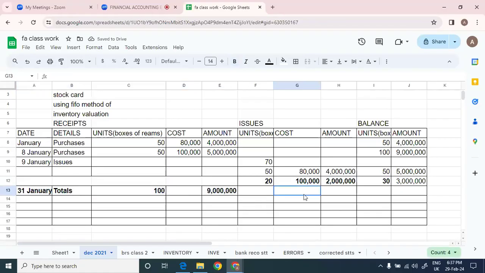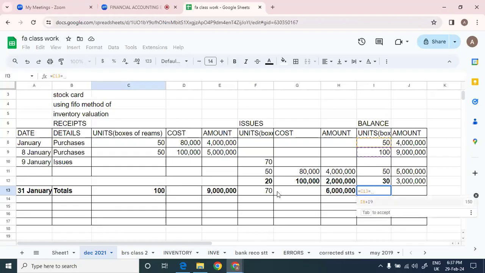It's supposed to be down. Then still we come to issues. Our issues, we already know it is 70. We come to the total issues, it is this plus this. We issued 6 million. Therefore, it can easily show you that when we come to our units, when we get the 100 units minus the 70, I get 30, which we had already got.